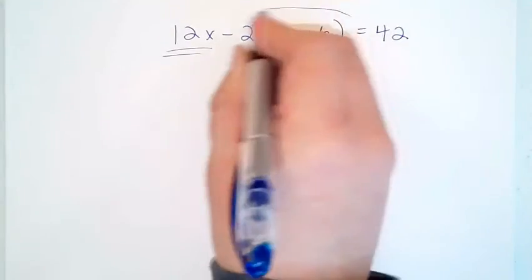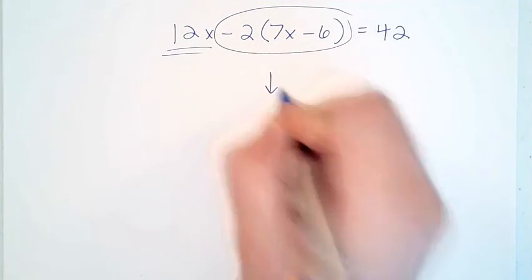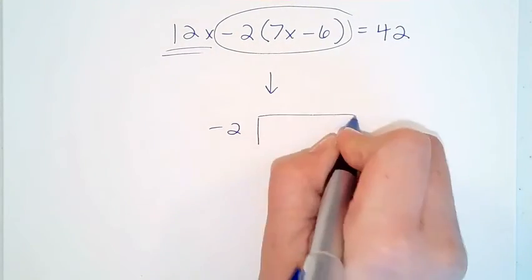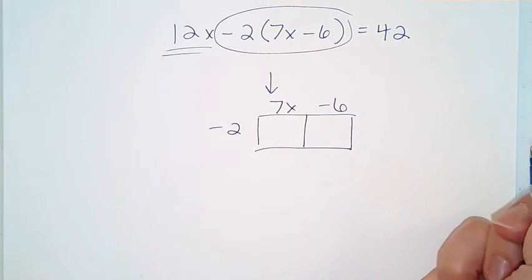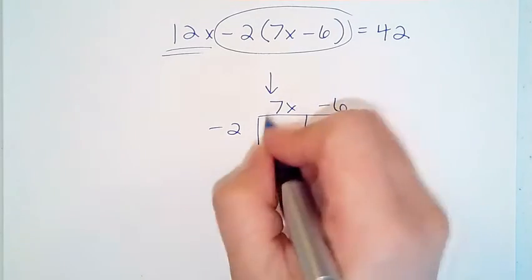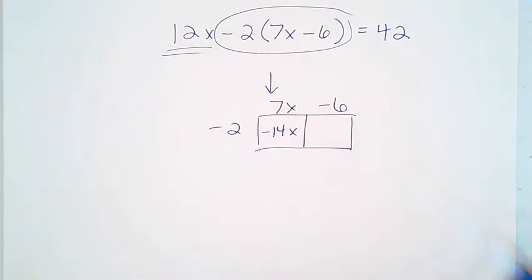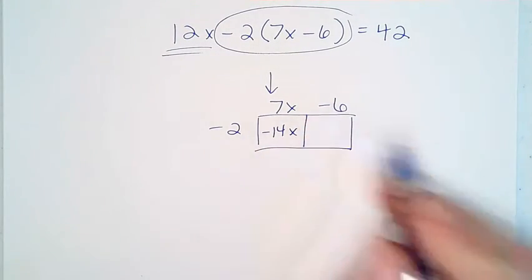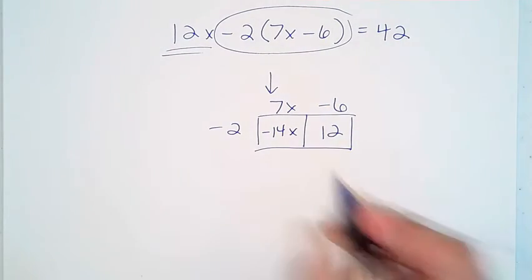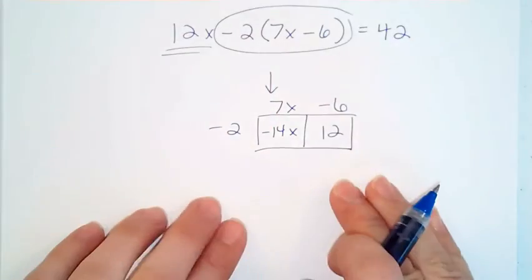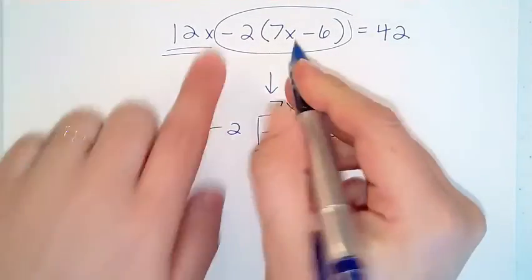So I'm going to take this and I'm going to start by cleaning this. Okay, negative 2 times 7x is negative 14x. Negative 2 times negative 6 is 12. Okay, so I'm going to rewrite my whole equation. That just equaled that.